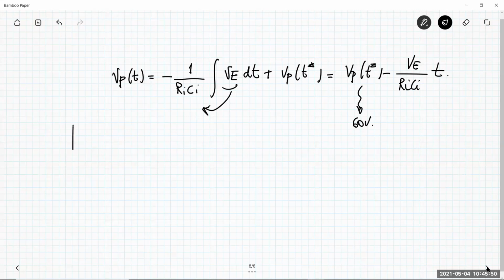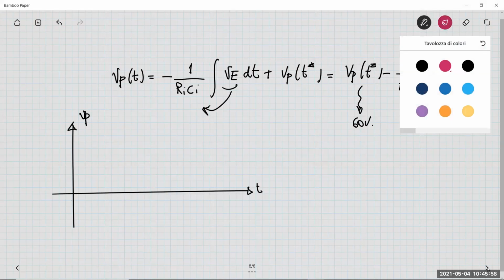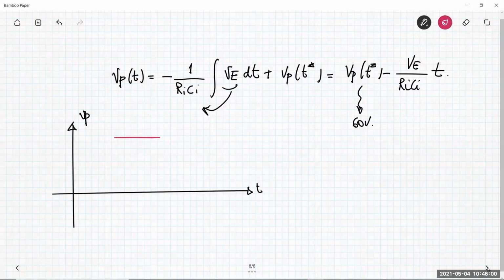So let me plot now the voltage VP across the capacitor. We have the constant holding phase here. Then we start the discharging phase. This is the boost discharging phase, down to 60 volt from 200 volt.